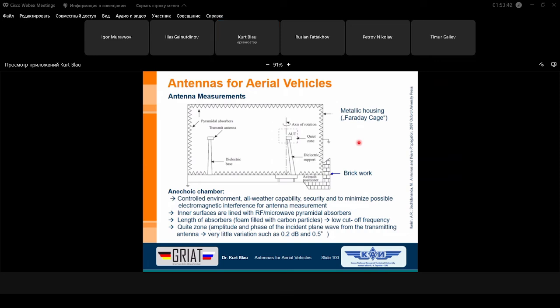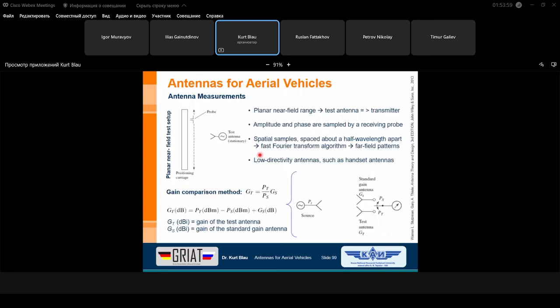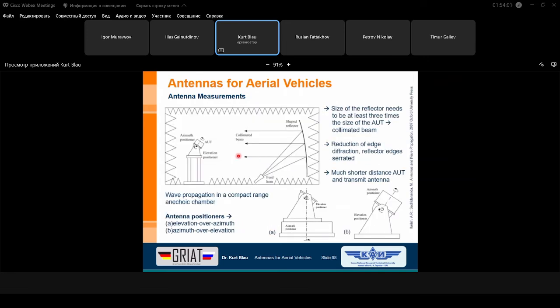And if you are a radio amateur, then it's clear that you cannot use such a very expensive antenna measurement scenario like this anechoic chamber or such a compact range.